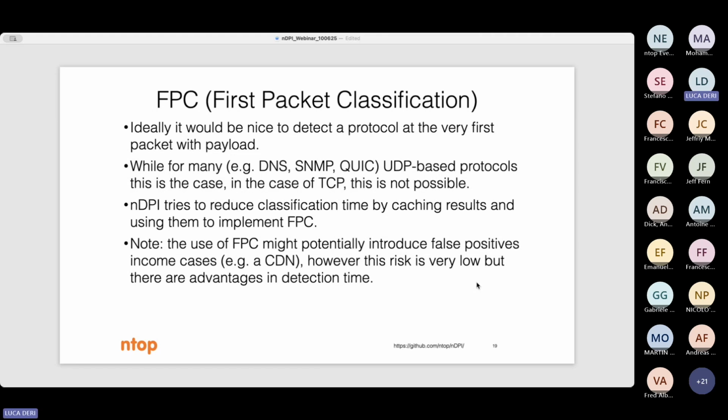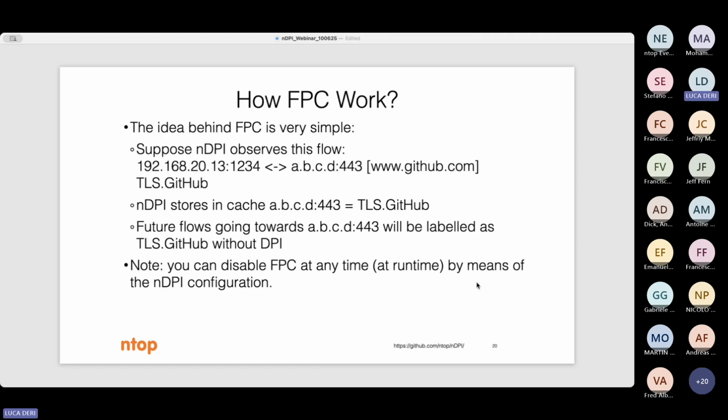And the use of FPC, of course, is a cache, so it can introduce false positives. But according to our tests, this is more a theoretical risk than reality, and it can happen only with CDNs, with hosts that are serving multiple protocols all at the same time, because they are shared by users. How does FPC work? It works this way.